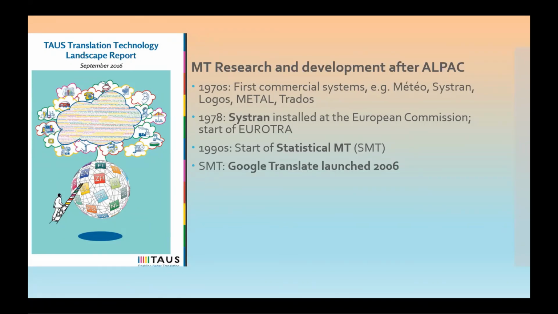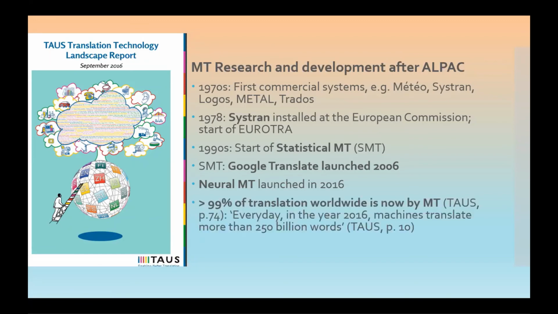Google Translate, which in Europe we use and in the States we use an awful lot, was launched as long ago as 2006. And then in 2016, we saw the beginning of neural machine translation, which has led to a great increase in quality.